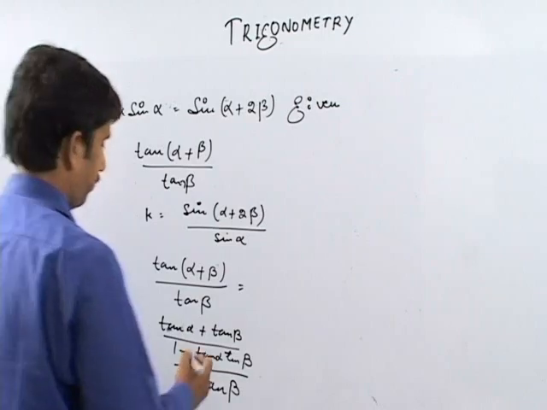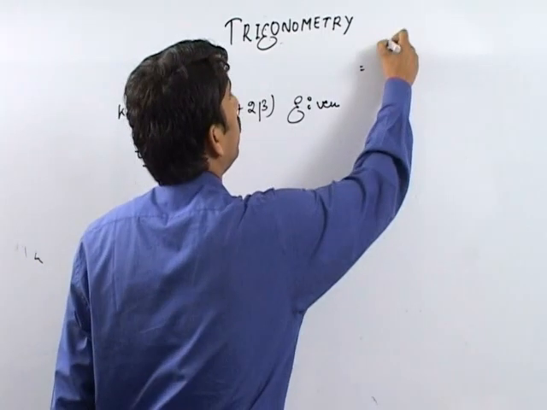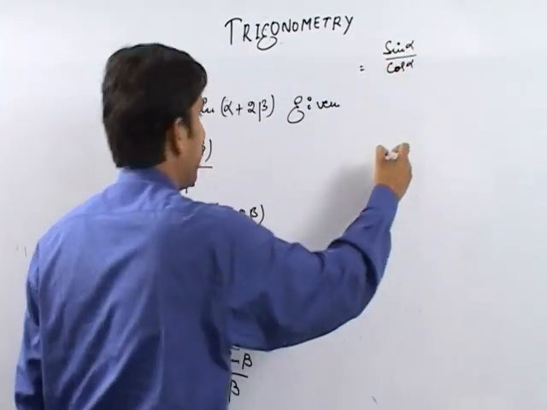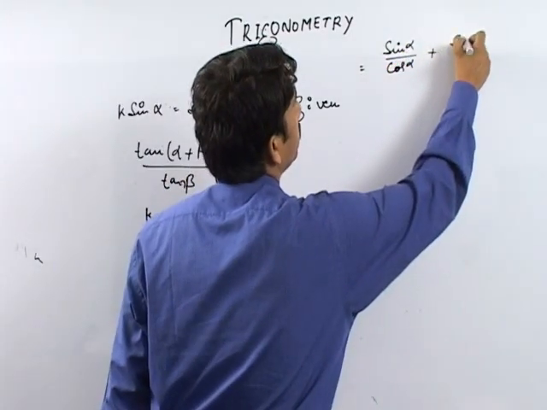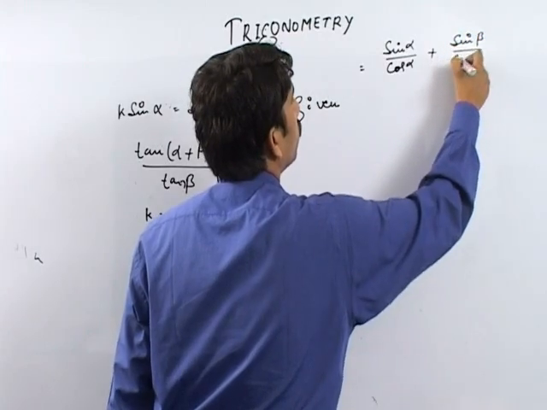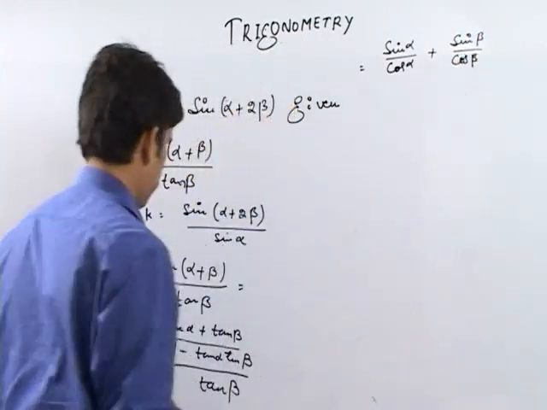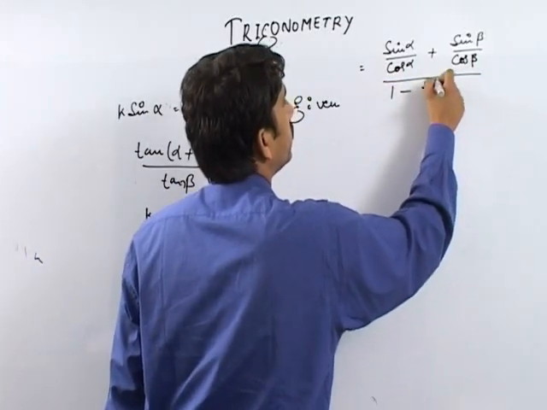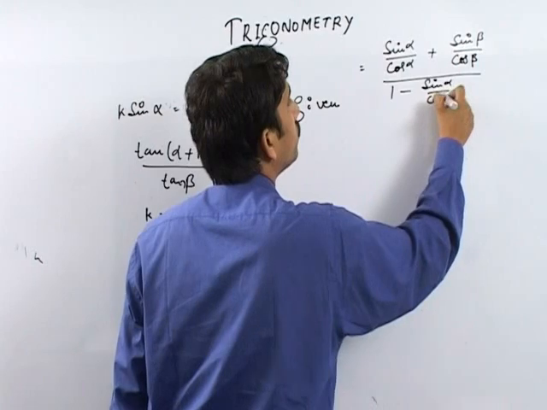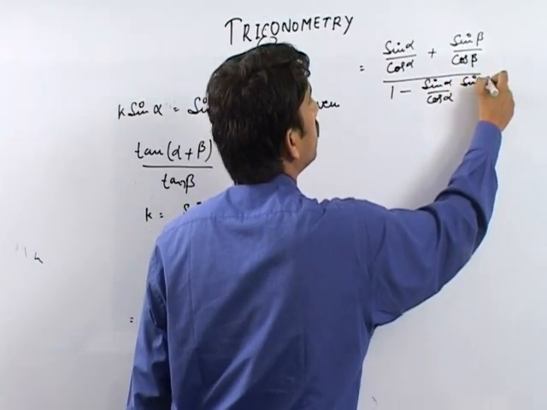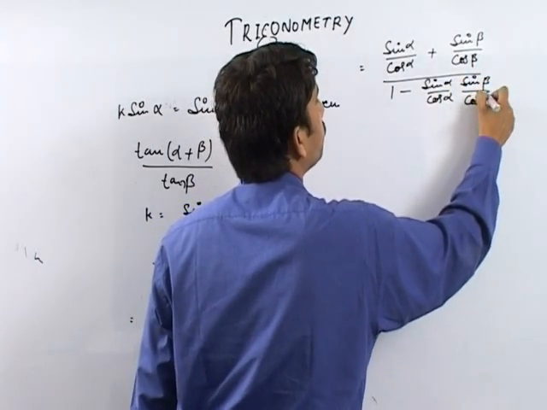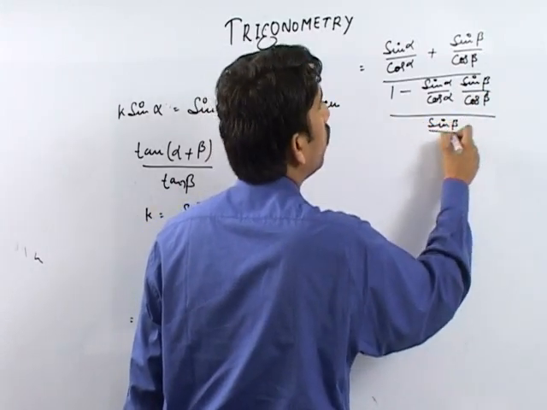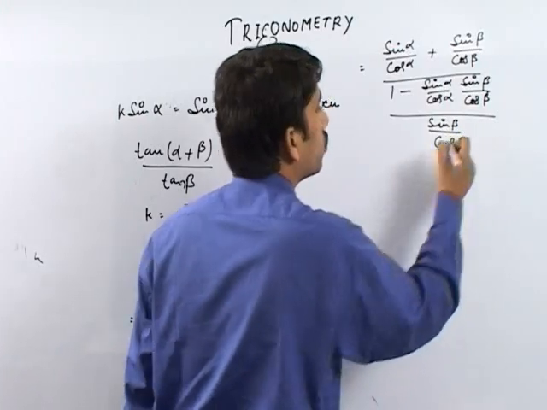Now open this: sin alpha over cos alpha plus sin beta over cos beta, whole over 1 minus sin alpha sin beta over cos alpha cos beta, whole over sin of beta over cos beta.